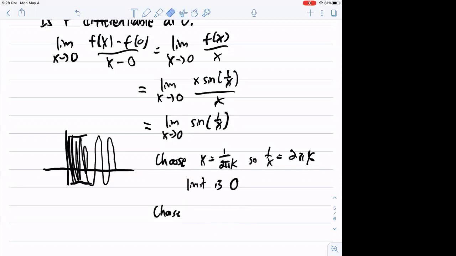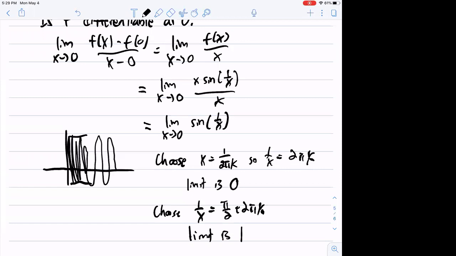I want 1 over x to be pi over 2 plus 2 pi k, basically. You can solve for what x is. But here the limit is 1, because it's a sequence of pi over 2. The reason I add 2 pi k is because I don't want 3 pi over 2, since 3 pi over 2 is negative 1.